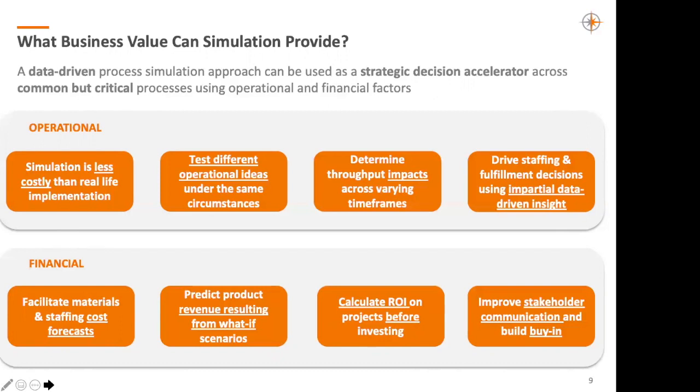From a financial side, you can also plug into these models as you're simulating and making scenarios on different flows. You can plug in the cost of each of those materials or the cost of the staffing to operate that particular process.